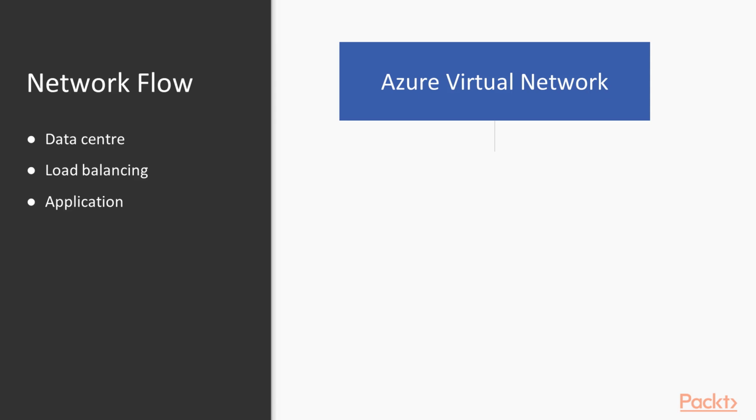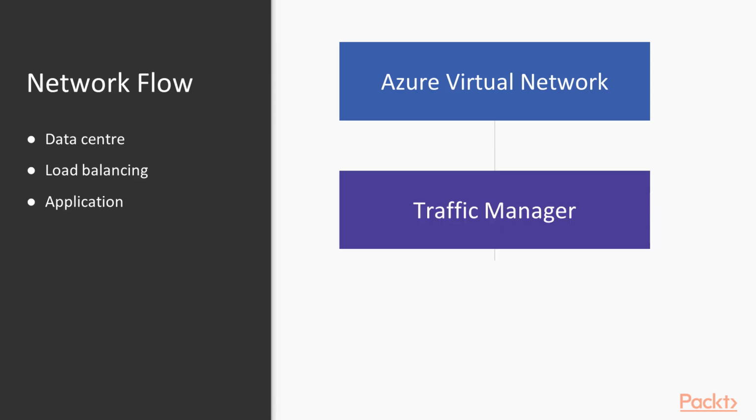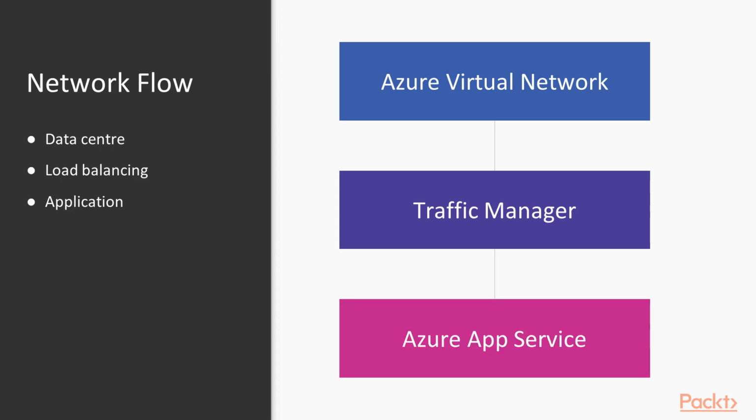Then within that region, we have a Traffic Manager which can control the flow of traffic to one or more of our web applications that are deployed on Azure. Azure Traffic Manager also supports traffic flow control for our on-premises solutions, which we will be discussing in later videos. Azure Traffic Manager then forwards the traffic toward our instances such as the Azure App Service.